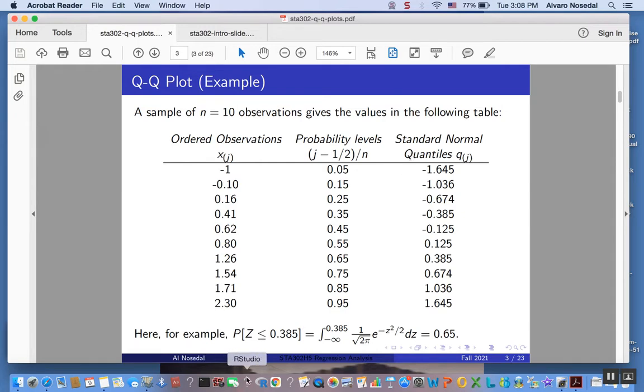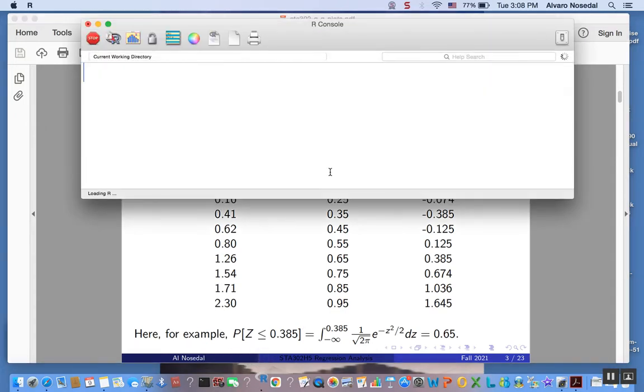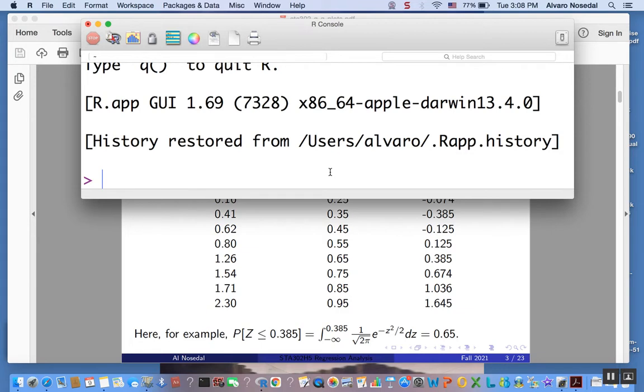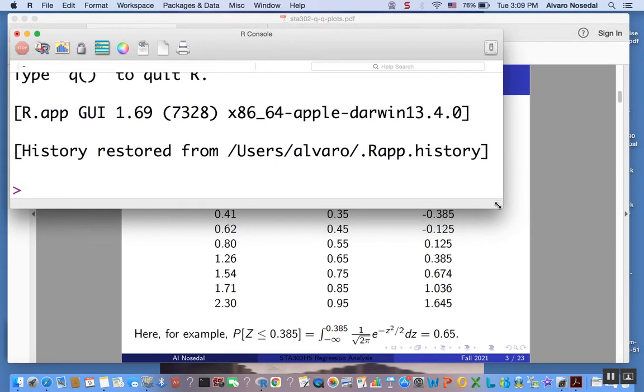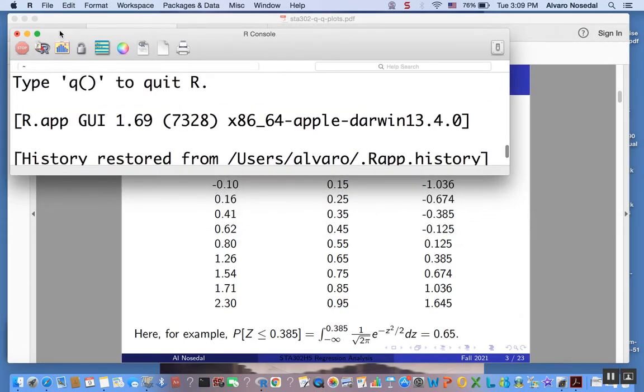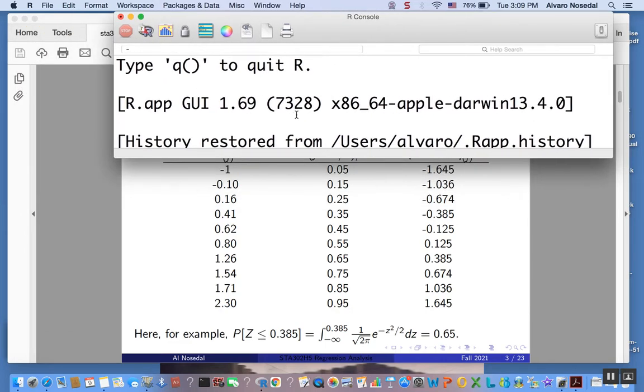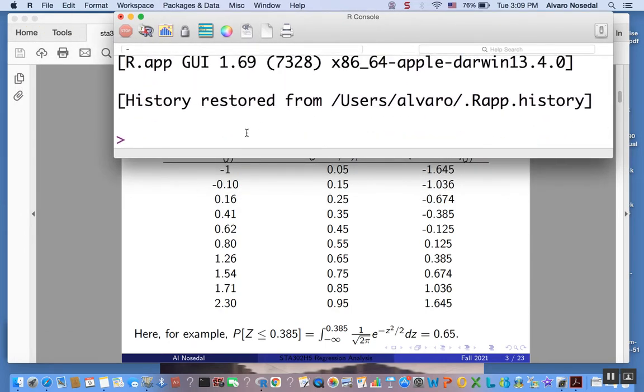We need to launch R. So, as usual, the first step will be entering our observations. Let me call the object that we're going to create ops. Let me use that c function that we have used before.